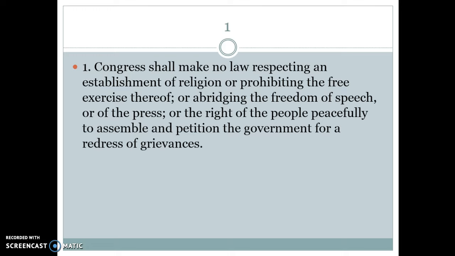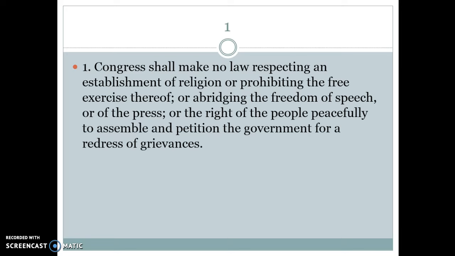So the First Amendment has several key parts. And again, I like to think of it as RAPS: religion, assembly, petition, press, and speech. And notice how the amendment is written. It says, Congress shall make no law respecting the establishment of religion or prohibiting the exercise thereof. The way that they phrased the amendments, they wanted to make sure that Congress knew that this was something that they could not do.